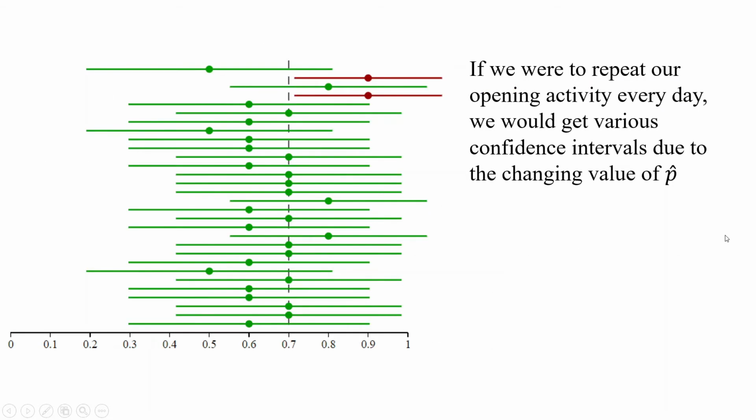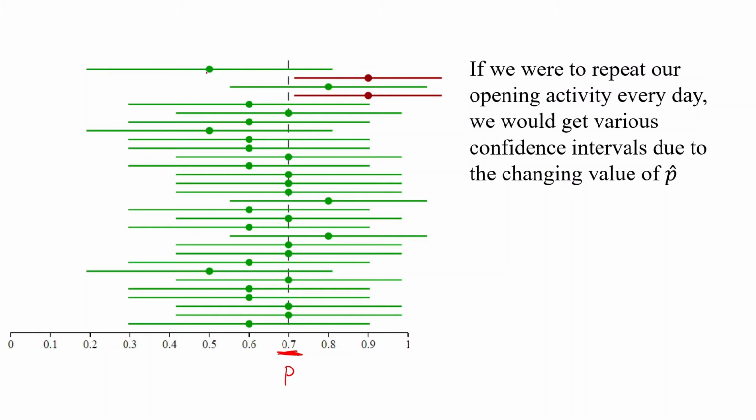Here is a visual of this. Again, kind of referencing an open activity that we did. Every time we take a sample, we get a different value of p hat, which is going to result in a different confidence interval. So let's say 0.7. 0.7 was our population parameter p.